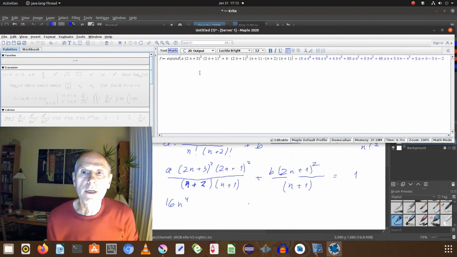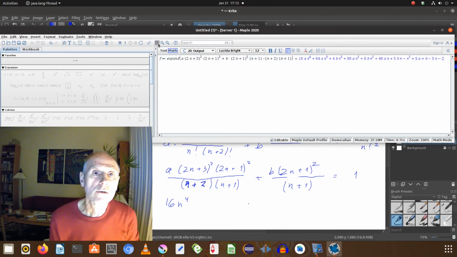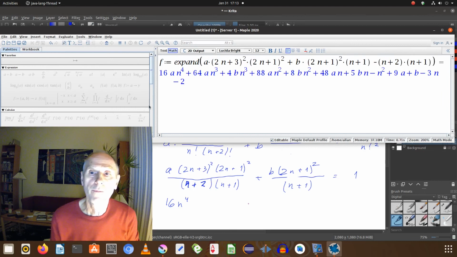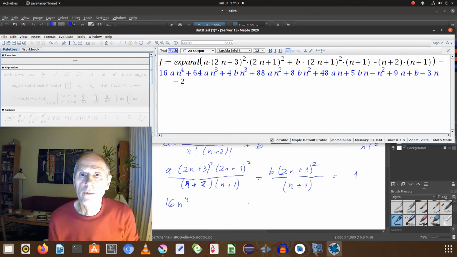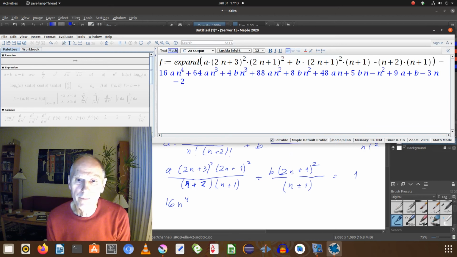I'll just make it somewhat larger so that you can all see clearly. And we only have one term n to the fourth. I thought we should have two. This one times... Oh. So, I'm still doing it wrong.